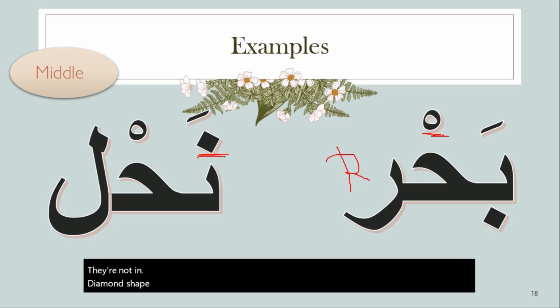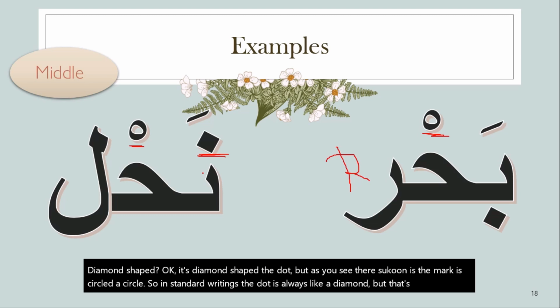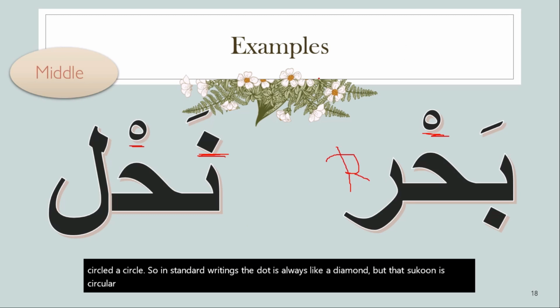But as you see, the sukun mark is a circle. So in standard writing, the dot is always like a diamond, but the sukun is circular. This is the difference.